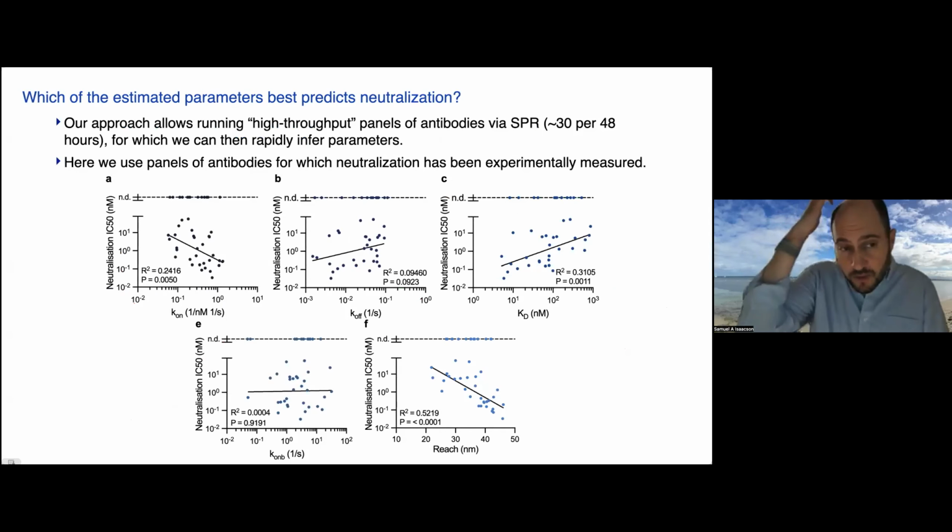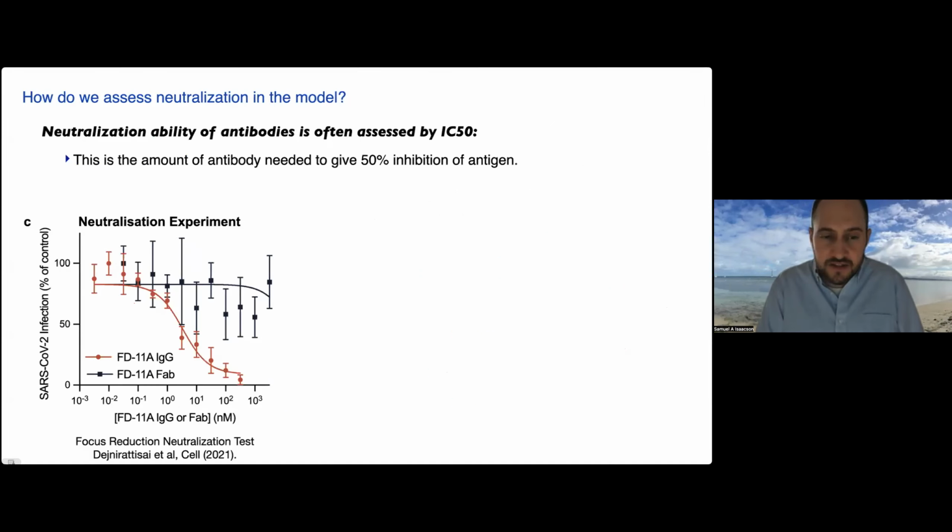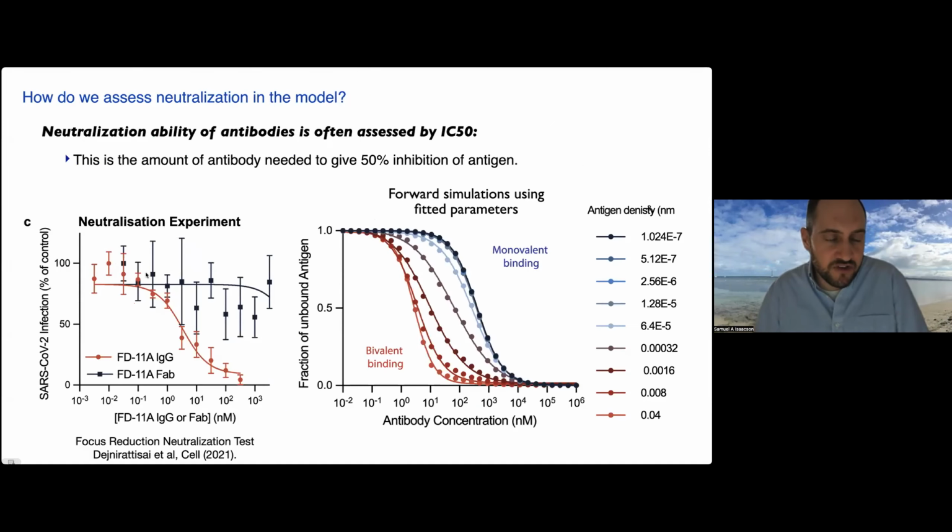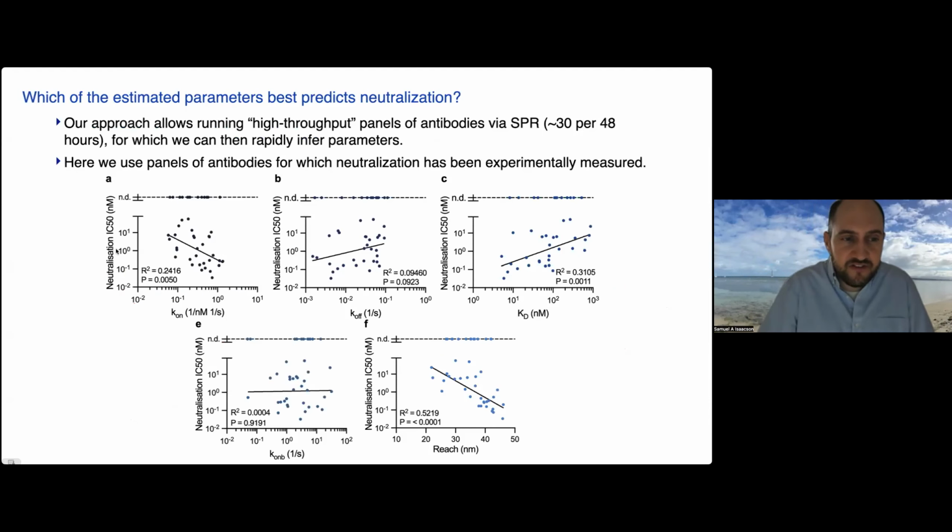Okay, so before we look at that, let me just show you how the parameters that we estimate relate to the neutralization measures that they get out of these experiments. Here's the IC50 that they measure experimentally, and here's what we measure from the SPR experiments for the different parameters, just showing you the correlation between them. So this is from the fitted parameters: how well do they correlate with this independent experiment?